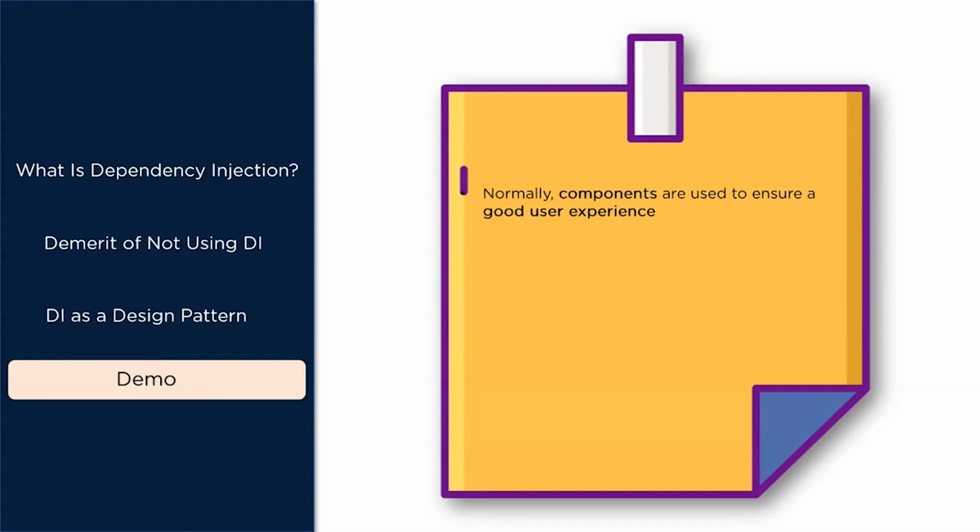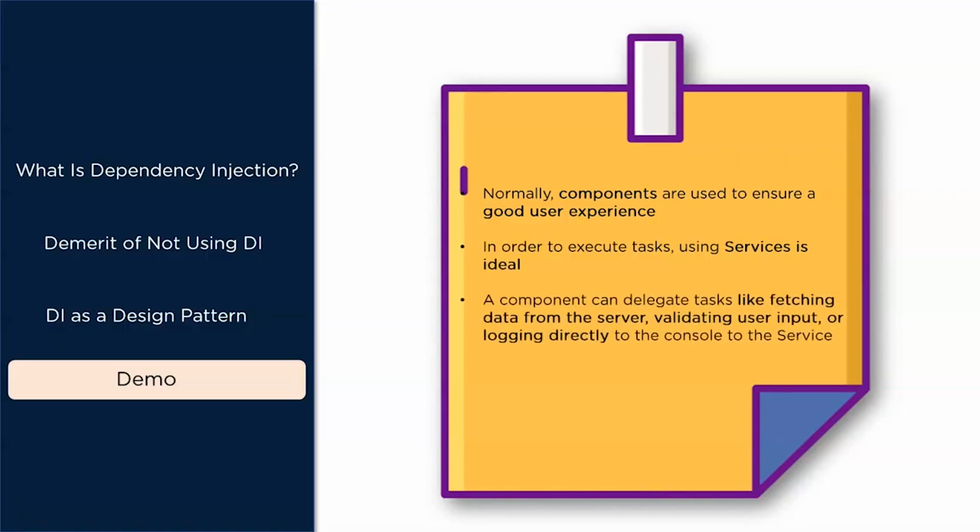The main thought behind this is that normally components are used to ensure just a good user experience. These components do not generally execute tasks. So to execute these tasks, we make use of services. A component can delegate tasks like fetching data from the server, any network related issues, etc. to a particular service. And these services can be made available to components.